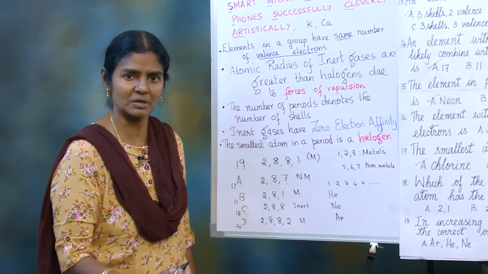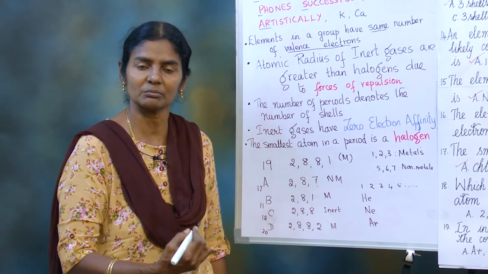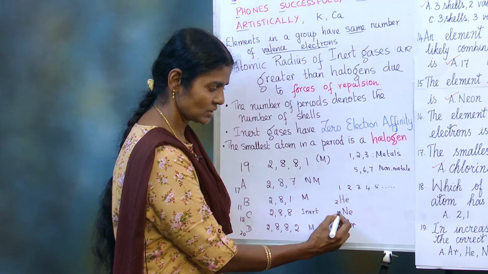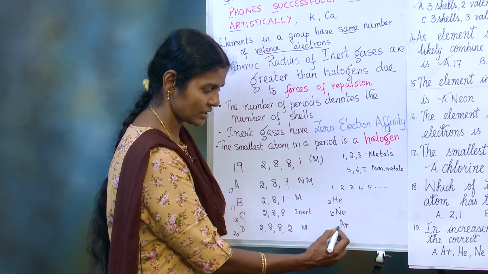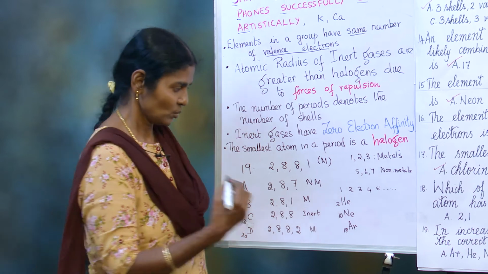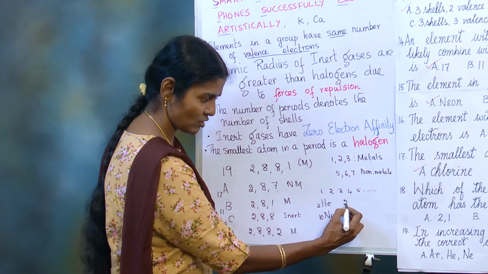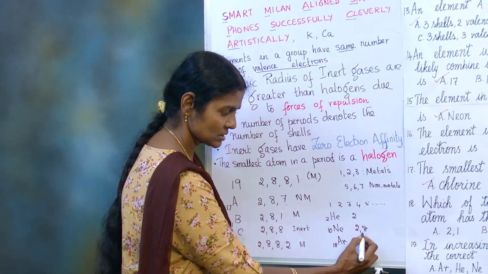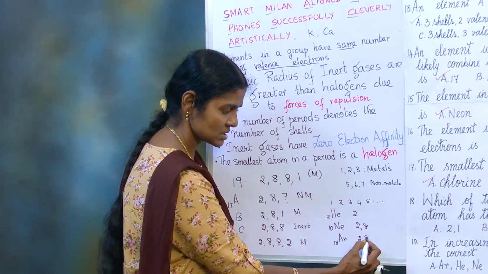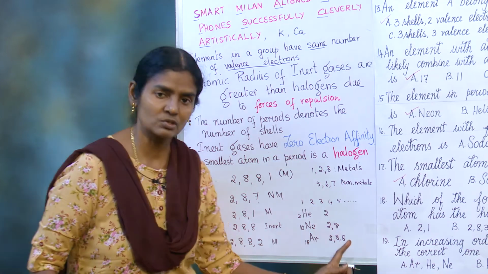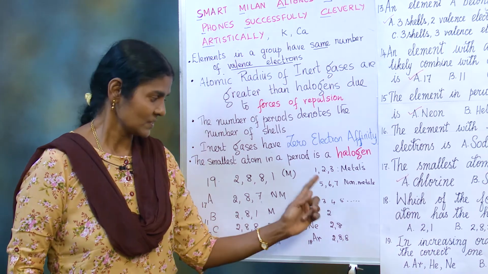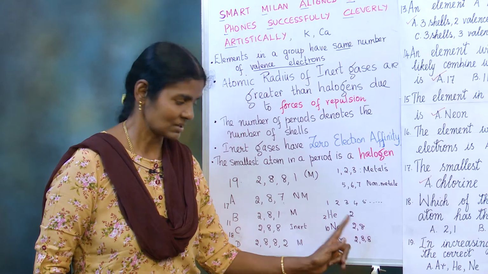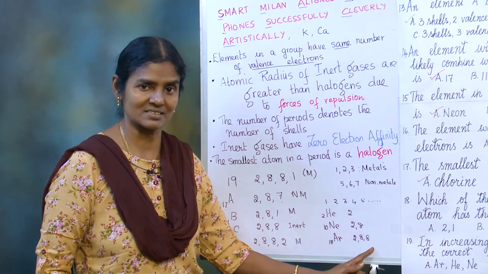Only 3 we need to remember because only up to atomic number 20. So helium has 2, neon has 10 atomic number and argon has 18, which means this electronic configuration is 2 here, this is 2, 8 here and this is 2, 8, 8. This denotes the number of shells. This one has 1 shell, this element has 2 shells, this element has 3 shells.